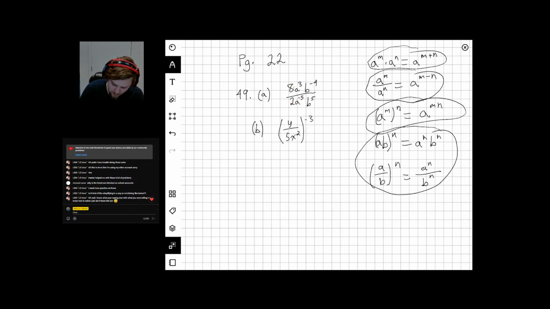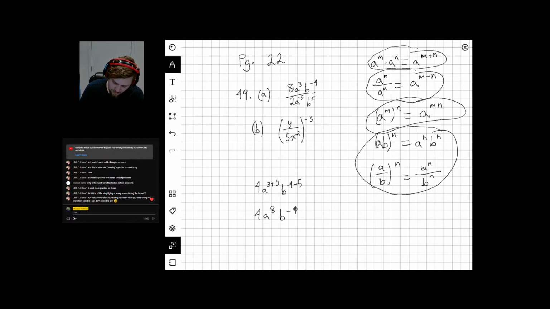On the top, we're going to have 4, and then a to the 3 plus 5, and then b to the negative 4 minus 5. We're just using this property right here. So what we're left with is 4a^8 b^(-9).